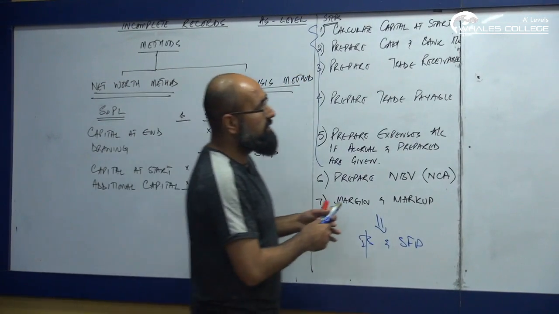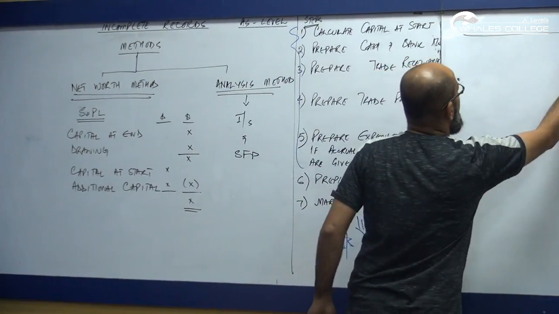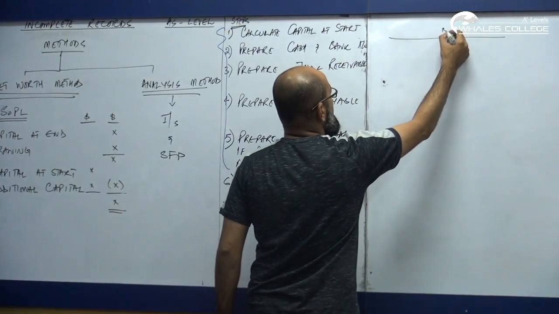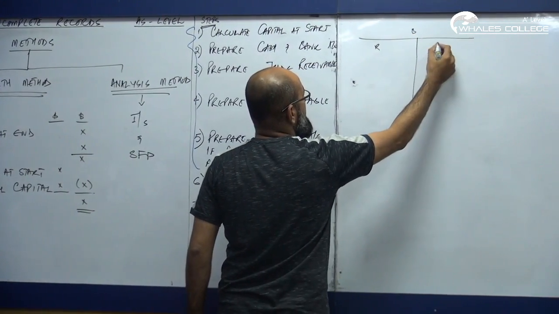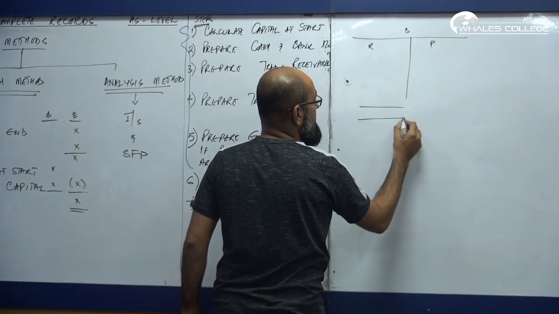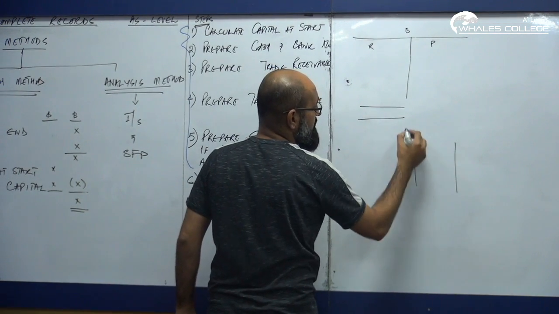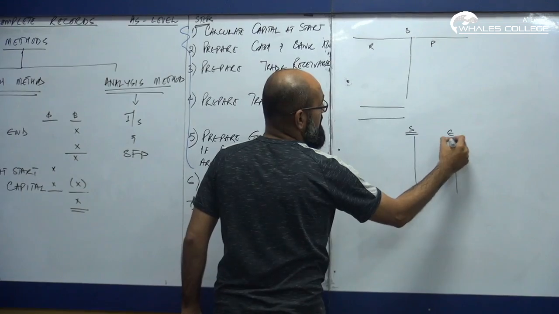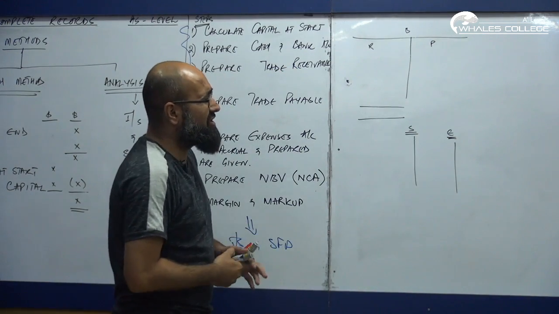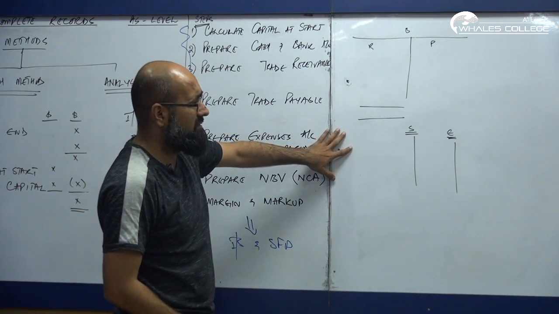Generally the structure of the question is also common. You have a bank account or receipt and payment details, adjustments, and starting and ending values. This is generally the structure of the question.